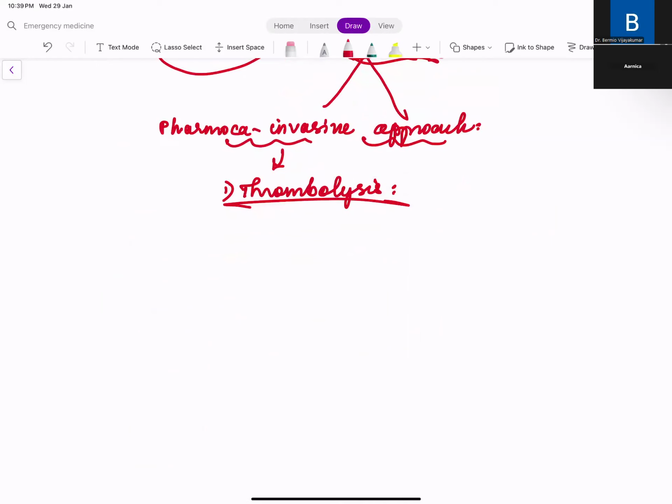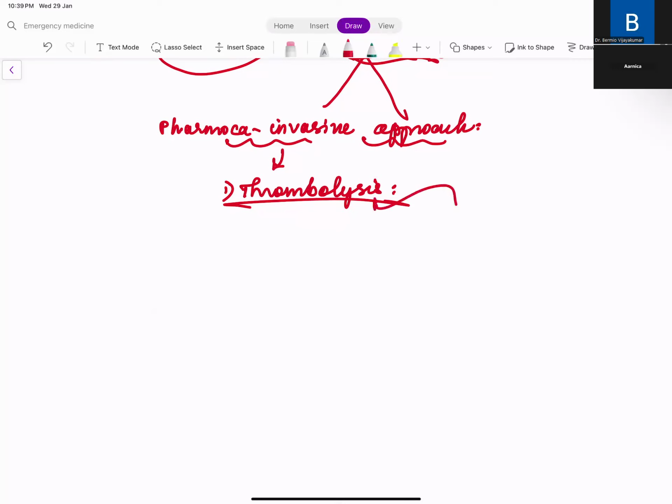What is thrombolysis? We are giving some medicines intravenously to help lyse the blood clot in one of the coronary vessels. In PCI, we are visualizing it directly and removing it manually. So PCI is by far the best, but thrombolysis is the secondary treatment. In situations where you cannot refer them to a PCI center, you can do thrombolysis first.